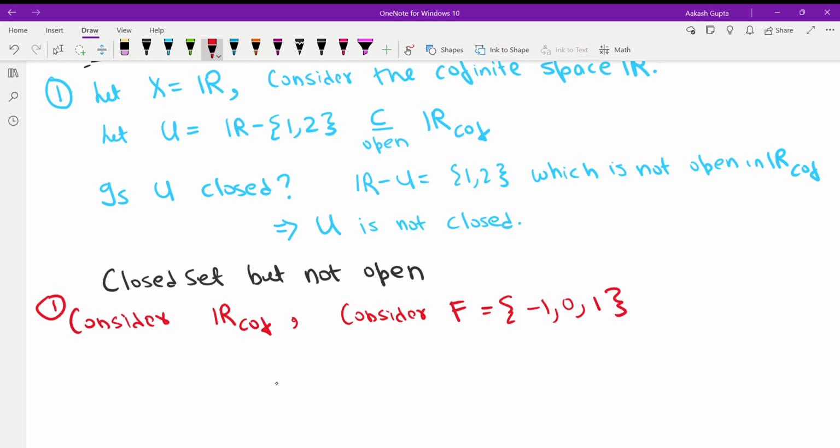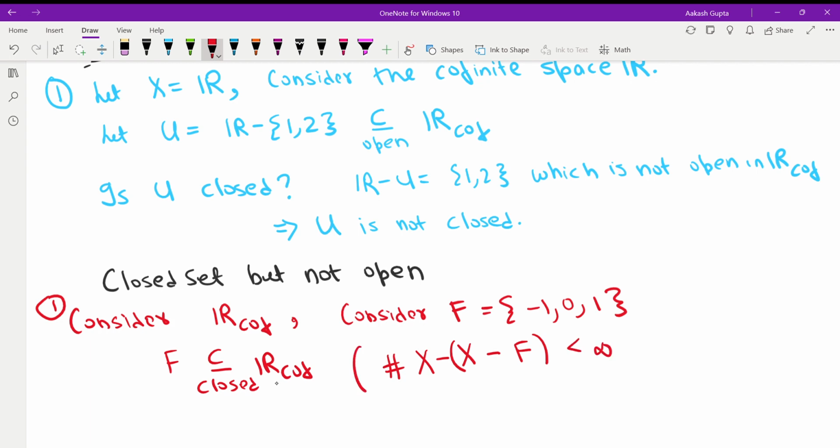What I claim is F is closed in R_COF. Why? Because if you take the complement of this, then this is a finite set. So basically X minus F is open, so F is closed by definition.